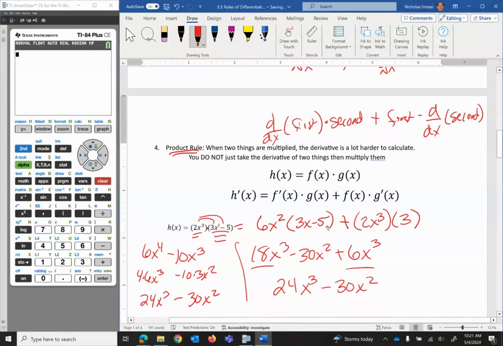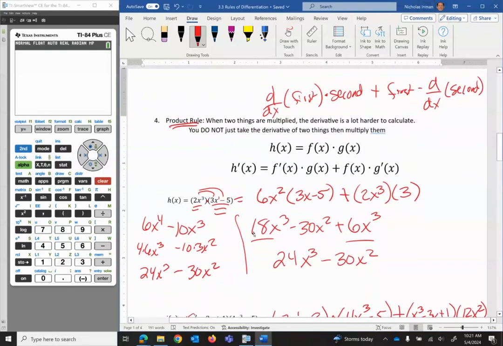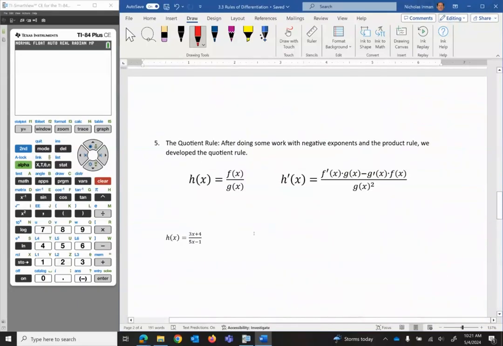Now, with polynomials, sometimes just multiplying it out is definitely easier. But again, I'm not trying to just teach you how to do it with polynomials. The goal is to be prepared for something in the future. So the product rule: derivative of the first times the second plus the first times the derivative of the second.